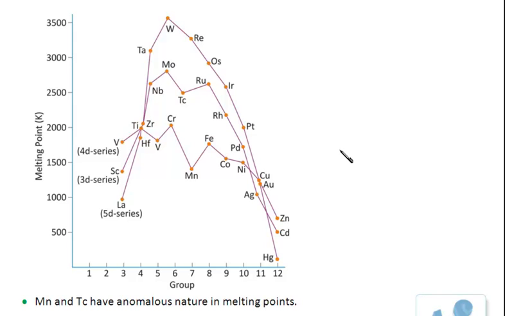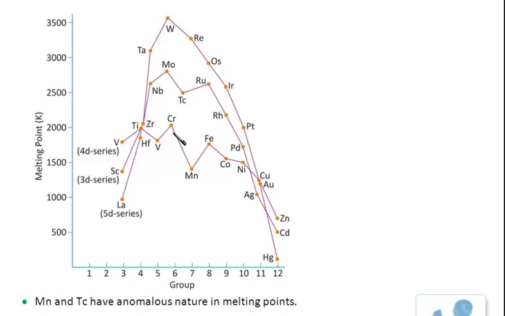in the d orbitals. In this case, say manganese and technetium have anomalous nature in melting points. Say manganese, it is dropping down. See, the manganese, the melting point is less, but it should be more, or it should be at least equivalent to chromium, because manganese, the configuration is 3d5 only.